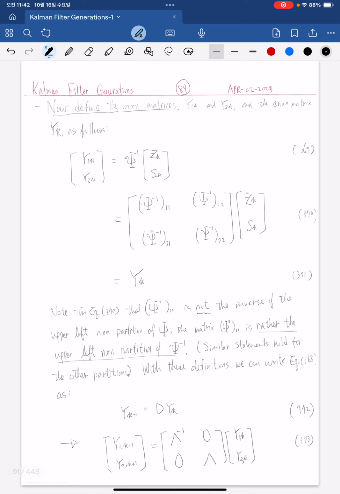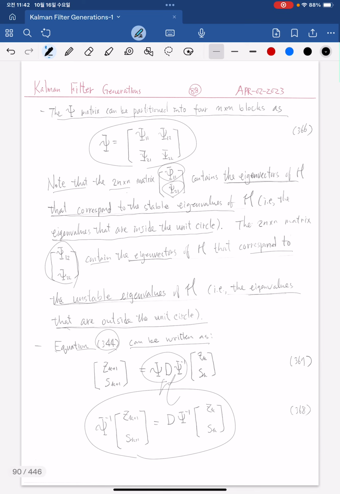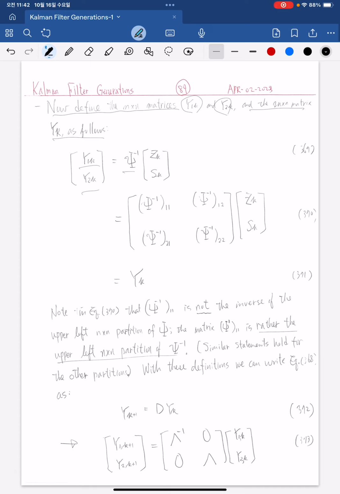Now we define the n by n matrices y1k and y2k, or 2n by n matrix yk, as follows. 이렇게 나누면 이거 전체를 y로.